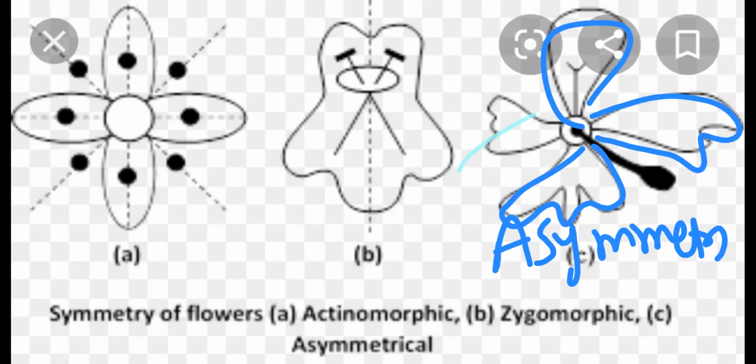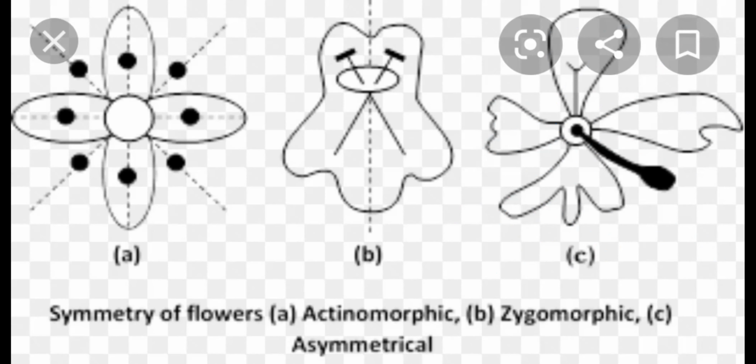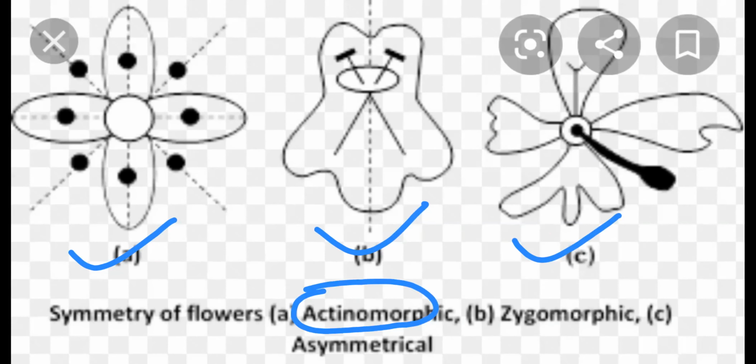Due to this condition, we can't divide this type of flower into two equal halves by any plane of axis. So we call it an asymmetrical flower. First, radial symmetry. Second, bilateral symmetry. And third, asymmetry. Radial symmetrical flower we call actinomorphic. Bilateral symmetrical flower we call zygomorphic. And the third one, simply we call asymmetrical.